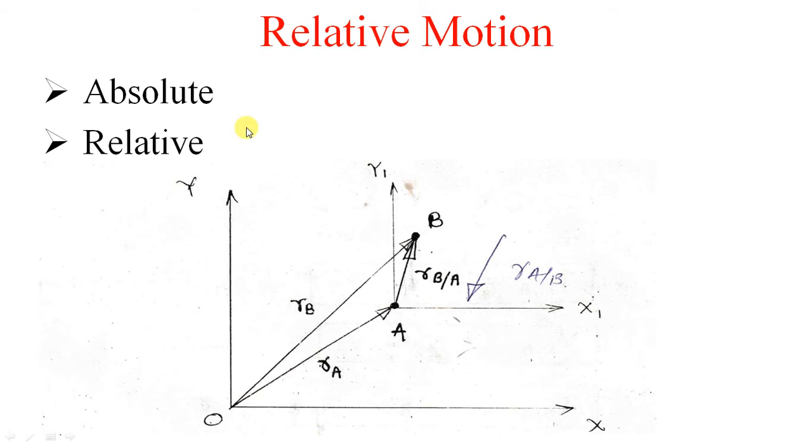So here there are two frames of reference: the absolute frame of reference and the relative frame of reference. x1 y1 is the relative frame of reference and xy is the absolute frame of reference.